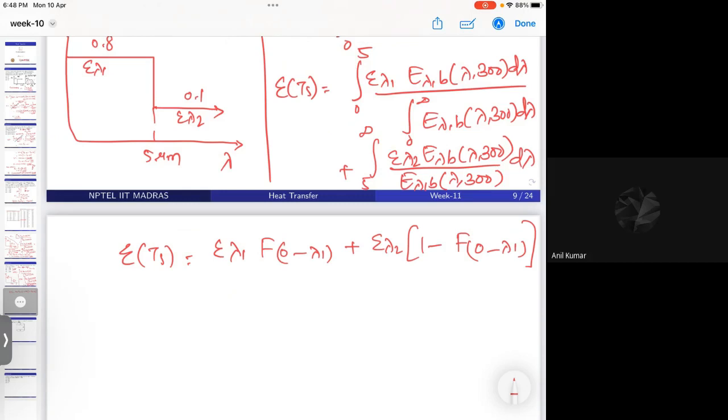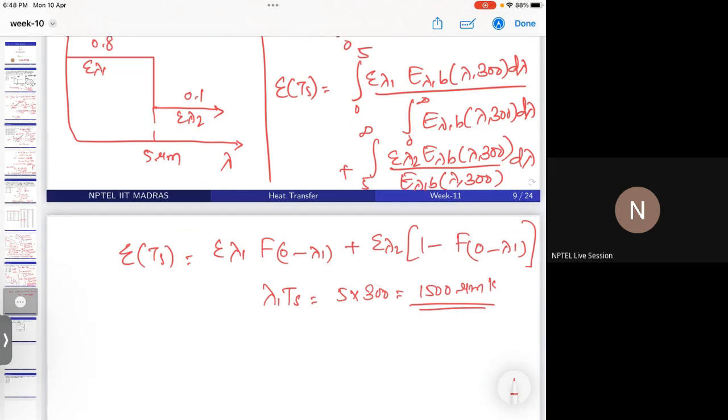So 1500. Yeah. So lambda 1 Ts, which is 5 into 300, which is 1500 micrometer Kelvin.